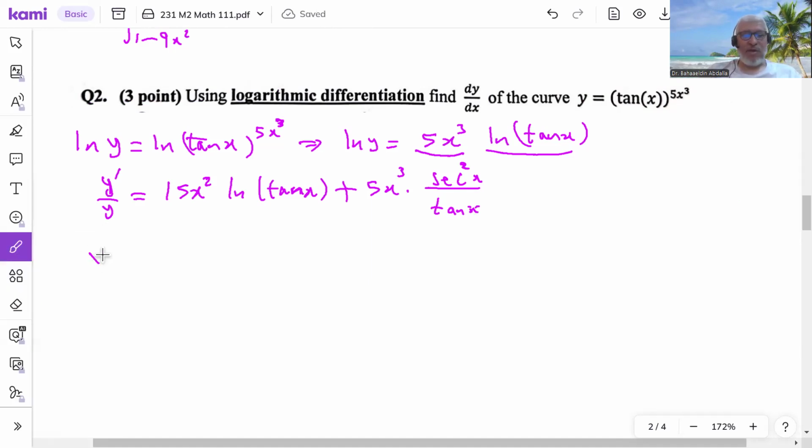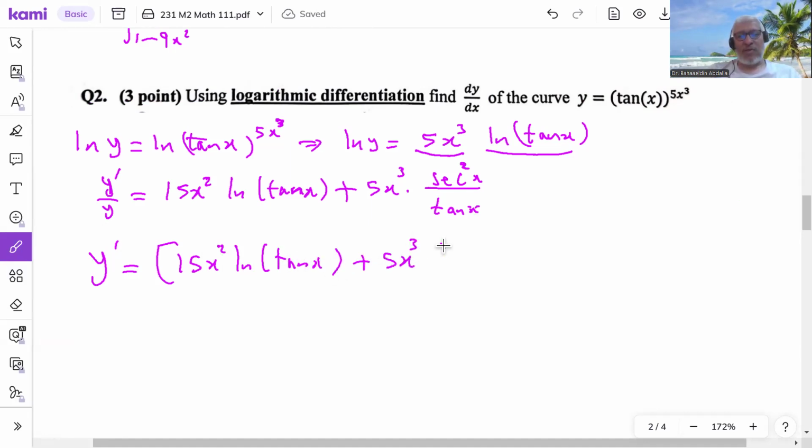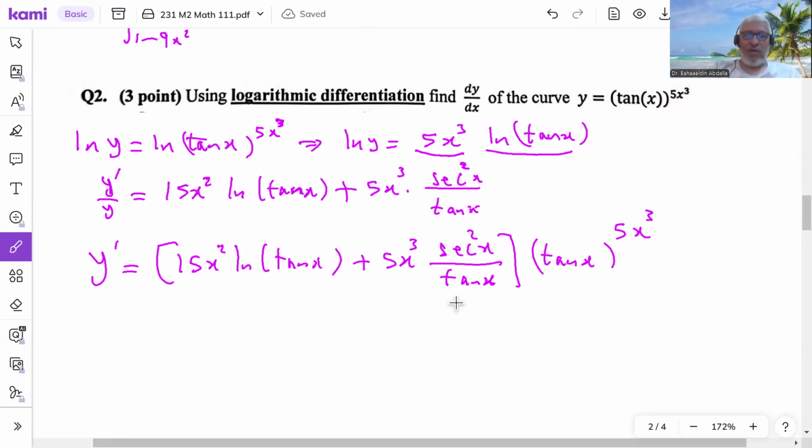So I'll have y prime equals all of this, which is 15x squared ln tan x plus 5x cubed secant squared over tan x, all of this times y. But what is y? I'm writing y as tan x to the power 5x cubed, and this would be dy by dx.